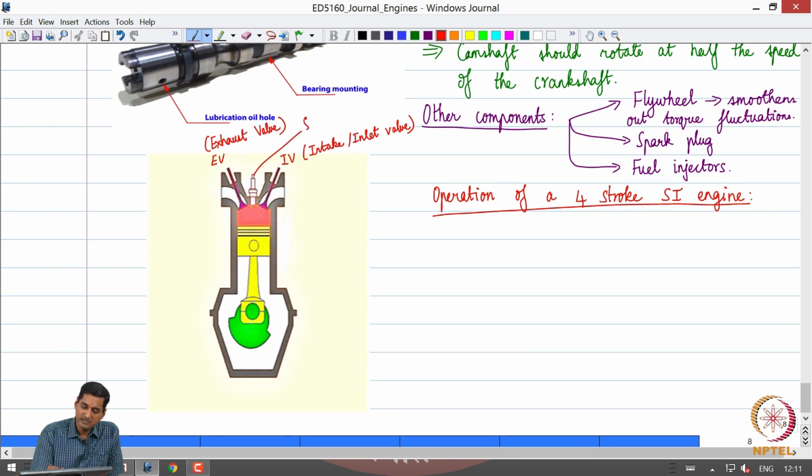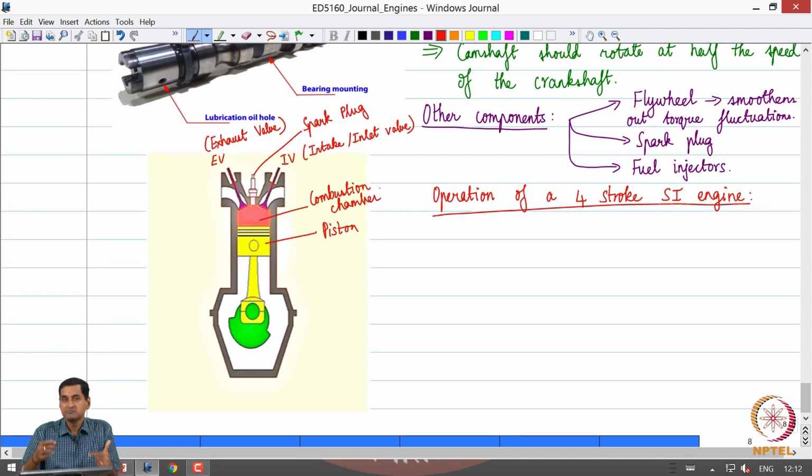This is the spark plug, and of course, this is the piston, this is the combustion chamber where the fuel air mixture is burnt and essentially the process of combustion and energy transfer takes place.